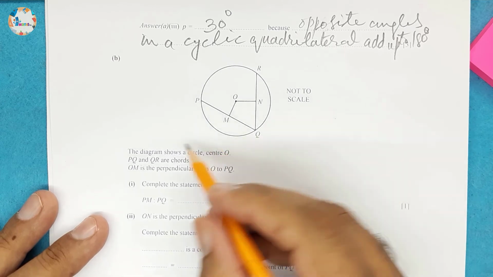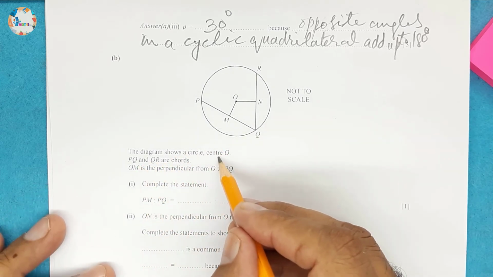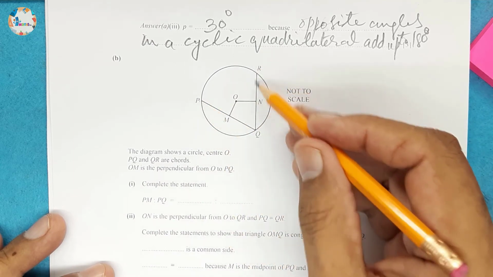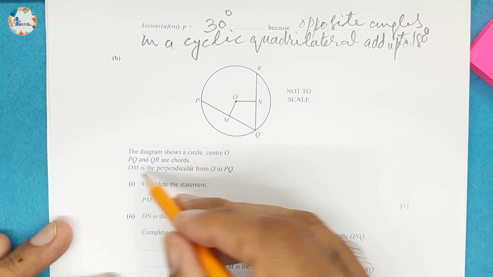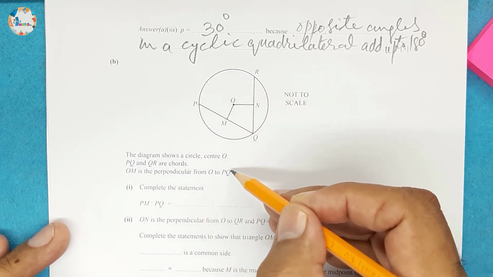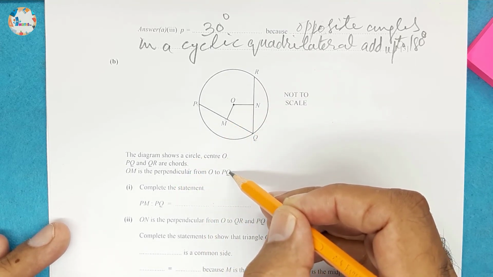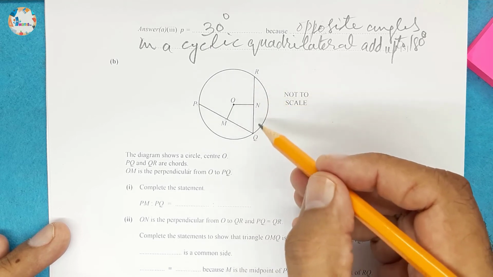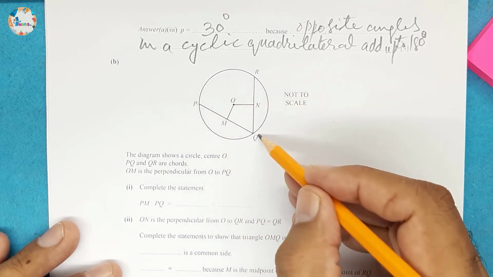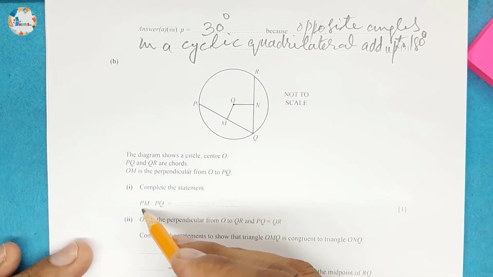Now B part, diagram is again not to scale. The diagram shows a circle center O, PQ and QR. PQ and QR are the chords. OM is the perpendicular from O to PQ. Okay, so complete the statement.